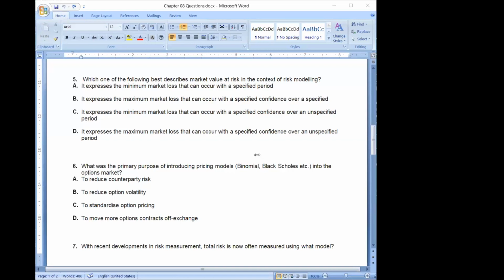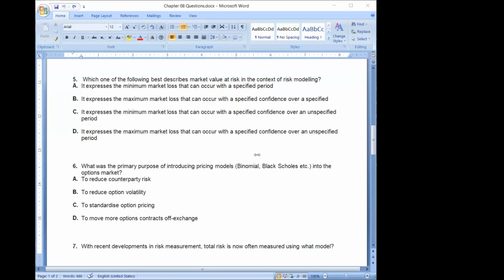Right. When we talk about value at risk, we always give the risk limit, we give the confidence, we also talk about the period. That means the loss is about the higher end, right? The maximum loss. That's what we define, not the minimum. So it's about the maximum loss.